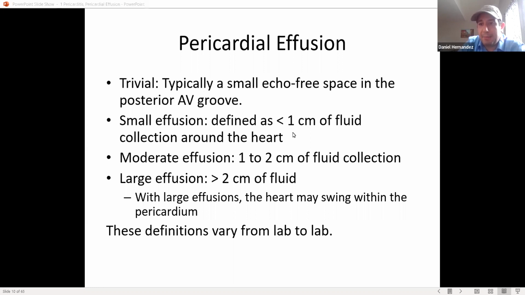This is a diameter measurement that we're doing, measuring the diameter of that fluid in our 2D image. Effusions that are considered moderate measure 1 to 2 centimeters in diameter. And then a large fluid collection would be a diameter measurement of greater than 2 centimeters.